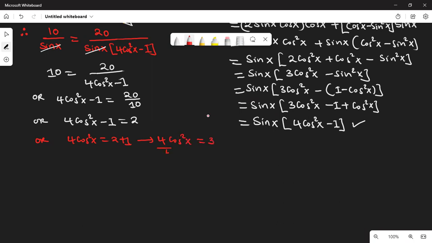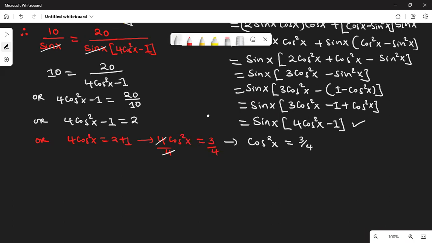So we divide by 4 on both sides, so that on the left 4 will cancel, and we have cosine squared x is equal to 3 over 4.